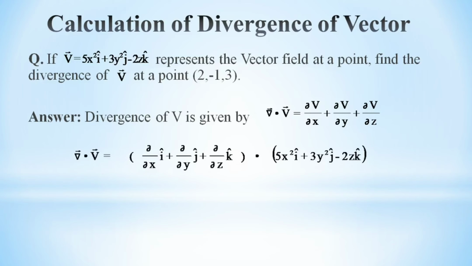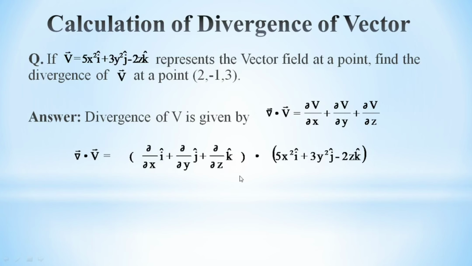Del dot V is equal to, I am writing del as dou by dou x i cap plus dou by dou y j cap plus dou by dou z k cap, dot product with V. V is given by 5x square i cap plus 3y square j cap minus 2z k cap.